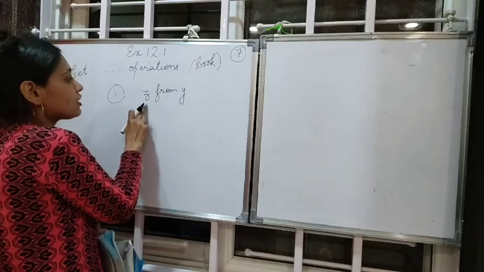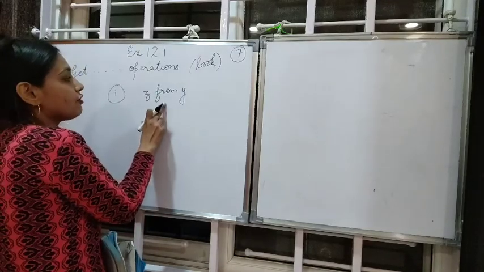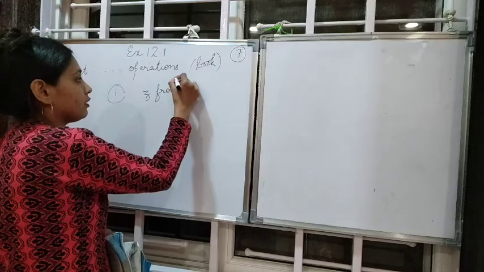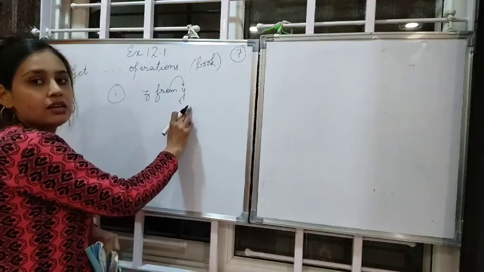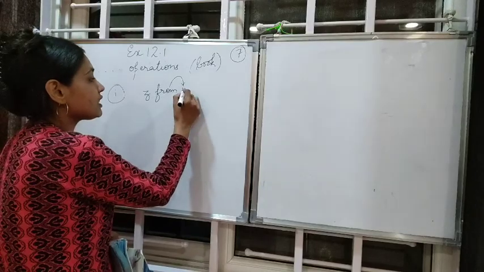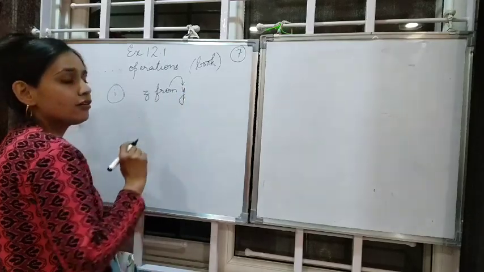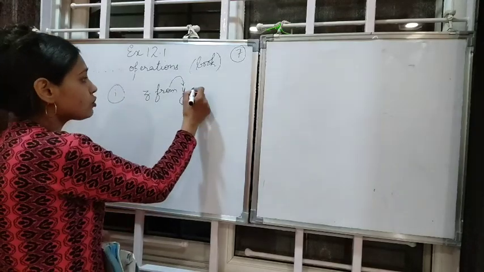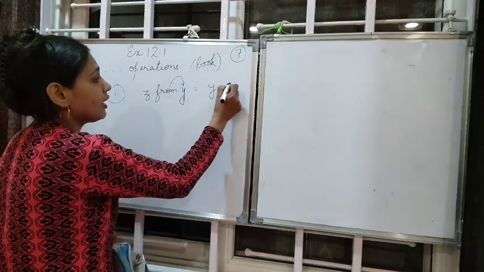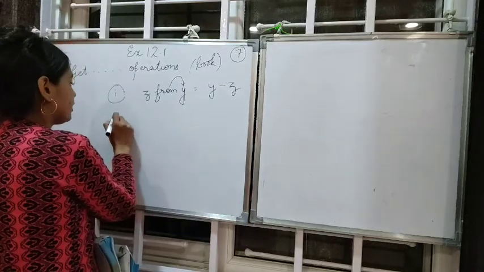Okay, so subtraction of z from y. From means this, whichever number or whichever term, the second term is written first, right? That is why generally we make this arrow. So this gives us y minus z.